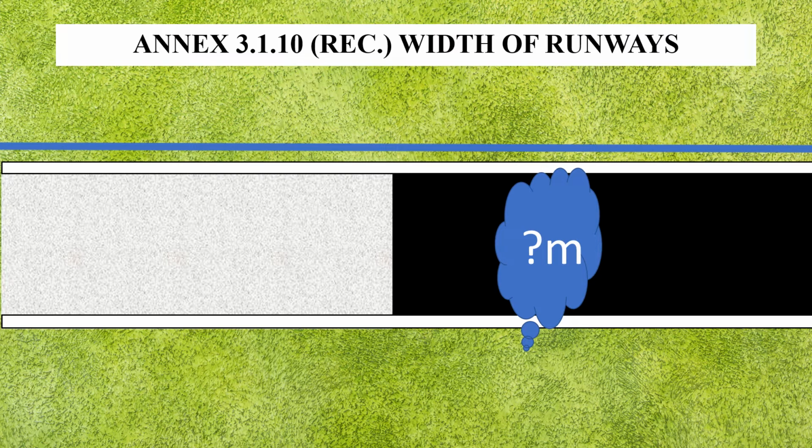Therefore, if you go back to your operations now, go through your flight schedules, determine which aircraft is the biggest aircraft, and then based on that, you can start looking at what aerodrome reference code applies to your aerodrome.